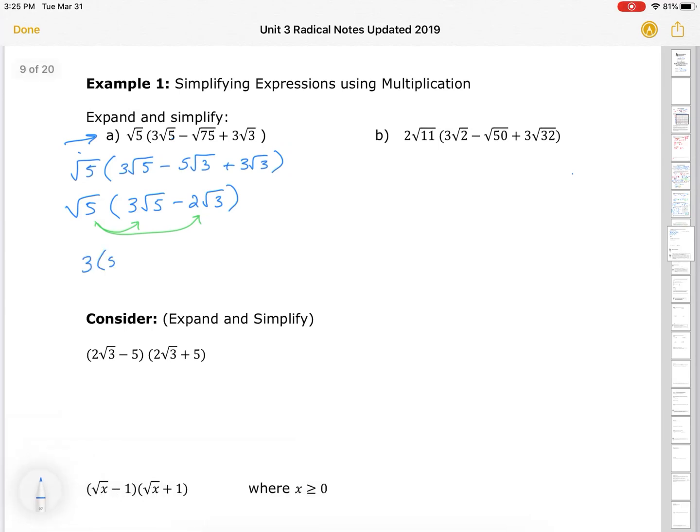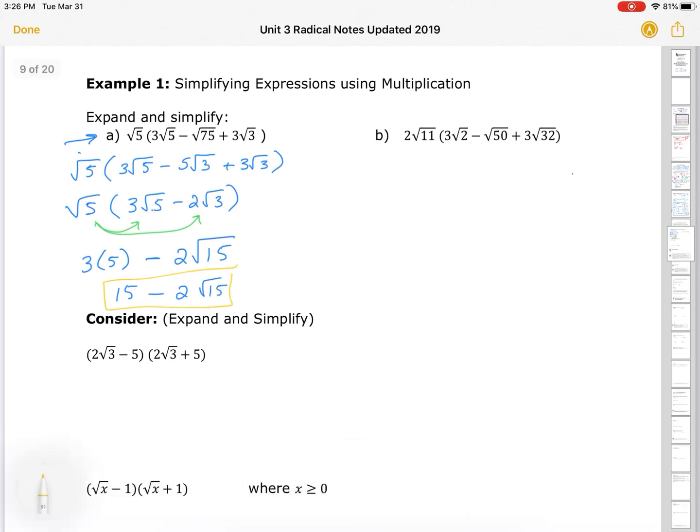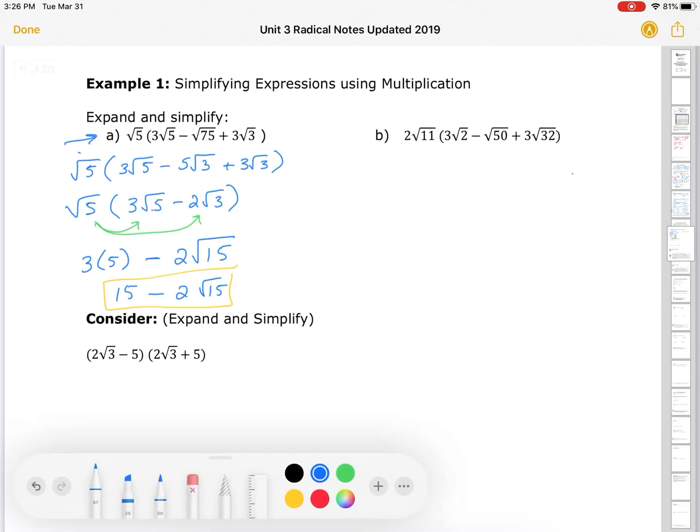And when I do that, I get 3 times 5, because root 5 times root 5 is equal to 5. Plus, here it's actually going to be a negative, so I get minus 2 root 15. Now I'm not done because I have to multiply this 3 times 5, so 15 minus 2 root 15. And we'll just put that in a box so we can find that answer.